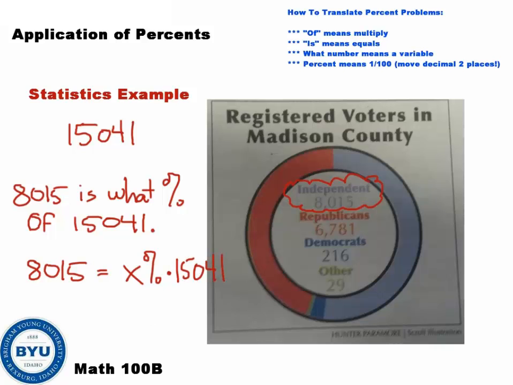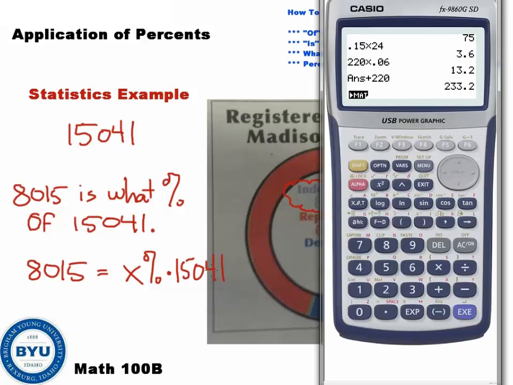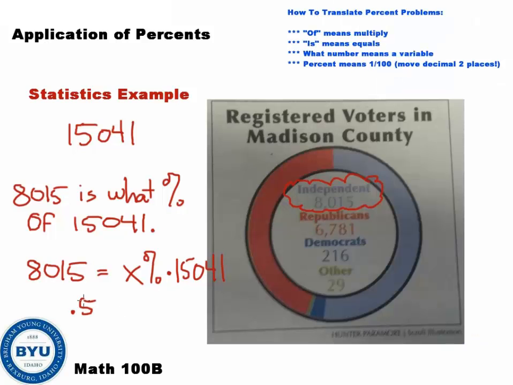So to solve for x, we would divide both sides by 15,041. So it would be 8,015 divided by 15,041. That gets us 0.532 equals x percent. So for the actual percent, we would move the decimal place to the right 2 spots, giving us 53.2%. So we learned that 53.2% of voters in Madison County are independent.